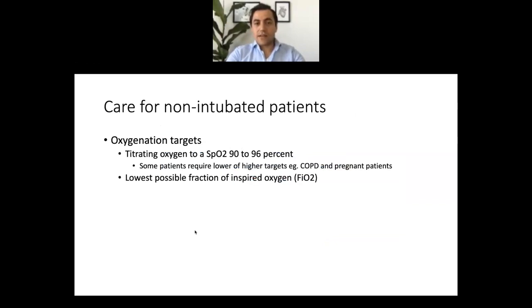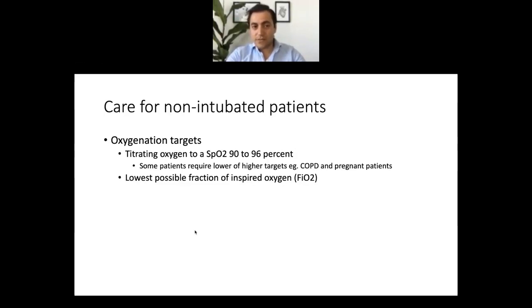So the care for non-intubated patients who are still in the ward should be to try to oxygenate the patient to achieve a peripheral saturation between 90 and 96%. You should titrate to achieve the lowest fraction of inspired oxygen, also called the FiO2.